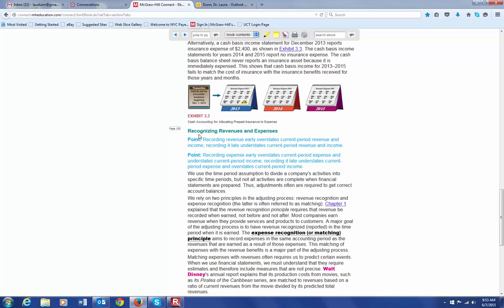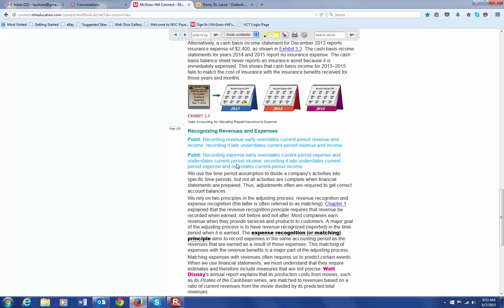It has to do with when you recognize the revenue and when you recognize the expense. If you record revenue when you receive it, you're going to overstate the current period revenue and you're going to understate a future period. Meaning, if somebody pays you in advance for a job that you're going to be doing over 3 months, if you record all of that money in the first month that you receive it, then you would be overstating the first month and understating the second month and the third month.